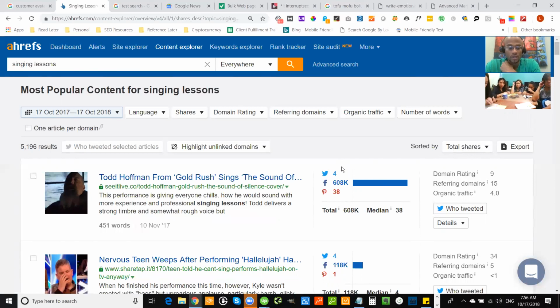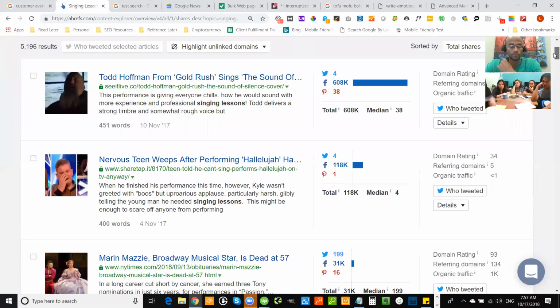It seems like this article, Todd Hoffman from Gold Rush sings, is the top. Basically this guy from a show, he's singing. You have to figure out, if we want to target the keyword singing lessons, which of these topics is popular but also relevant to our audience. Todd Hoffman seems to be a famous celebrity.